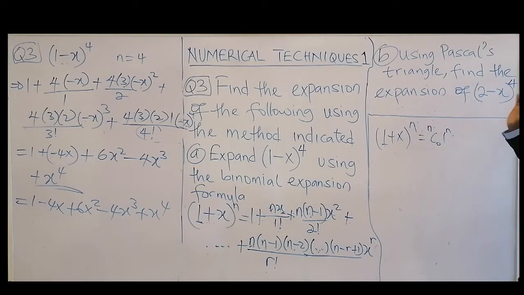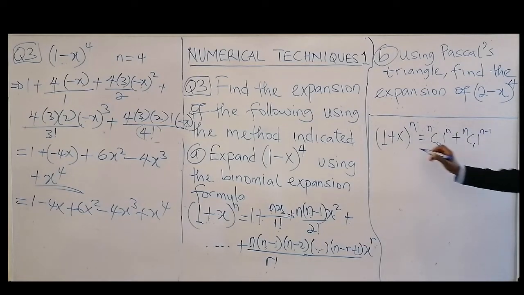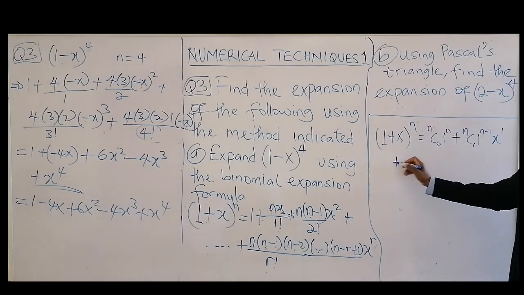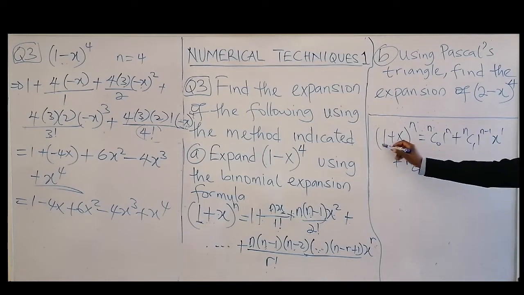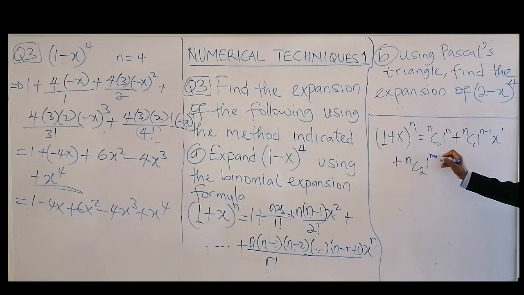So that would be 1, so there's no need to do that. Then plus n combination 1, where this one will be reducing by 1, while the second one will be coming up, x power 1. Then plus n combination 2, where the first one will be reducing, n minus 2, and this one will be increasing, to power 2. So it goes on like that until the two are the same.